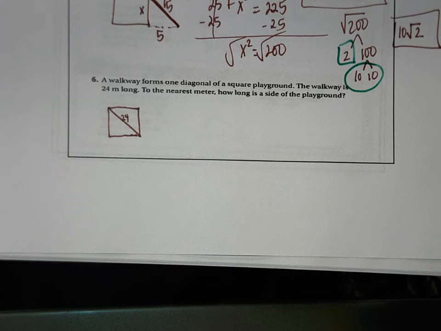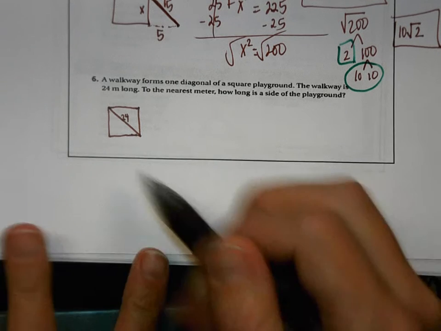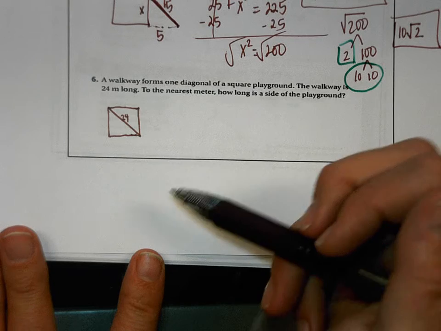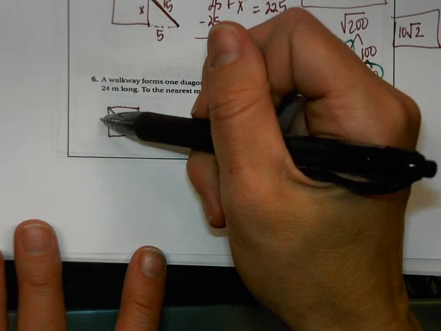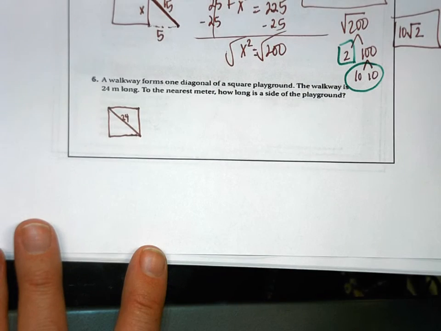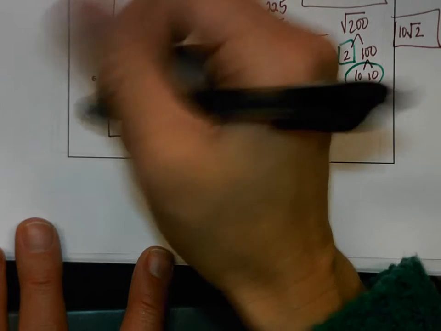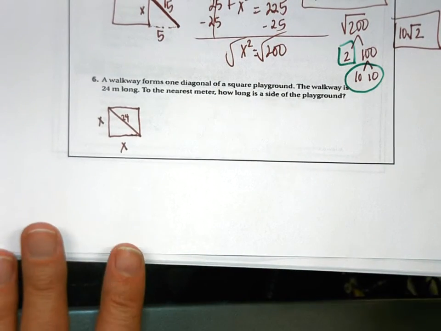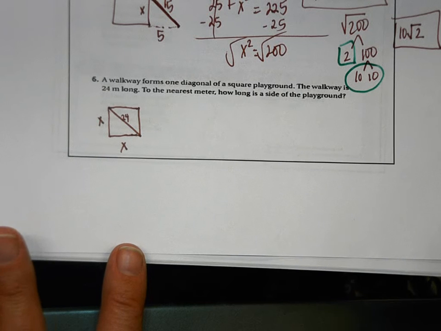Okay, now, they only gave us one number. Normally, we need to have at least 2 numbers to solve this, right? But we know that both sides are going to be the same or equal. So I can give both of them the value of x. So if we were to write this out using our Pythagorean theorem, how do I write it?